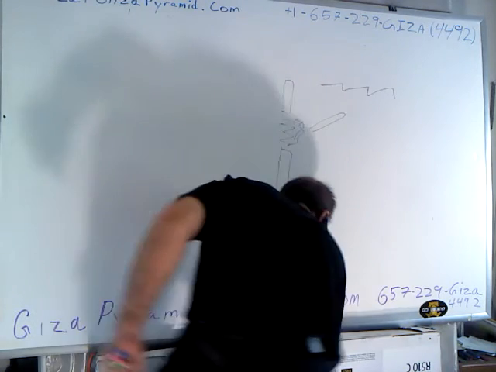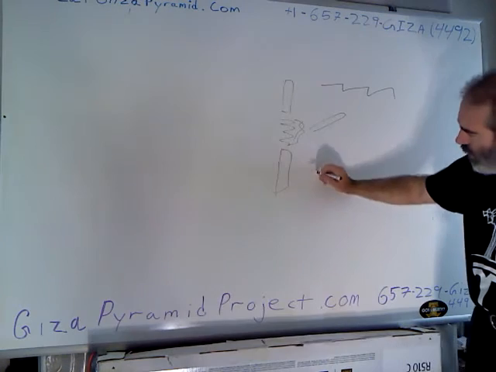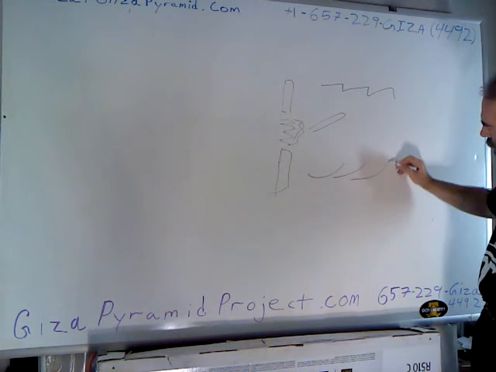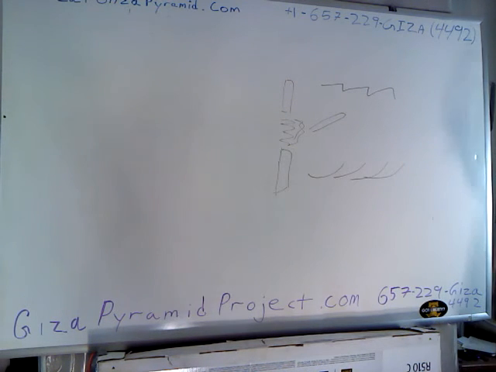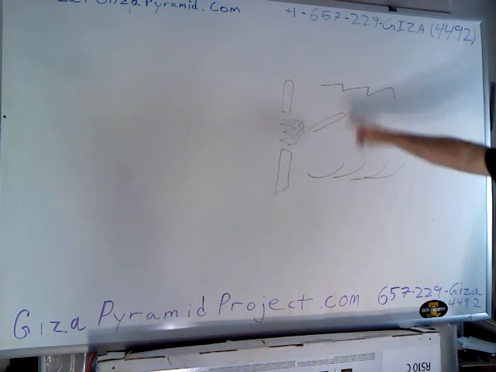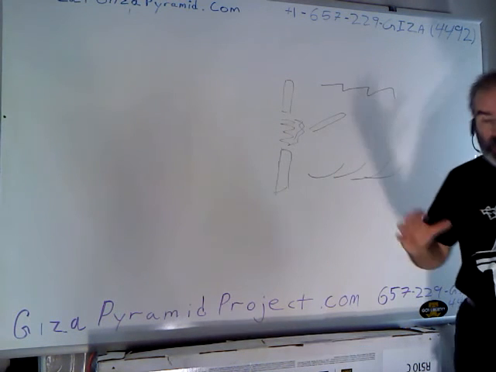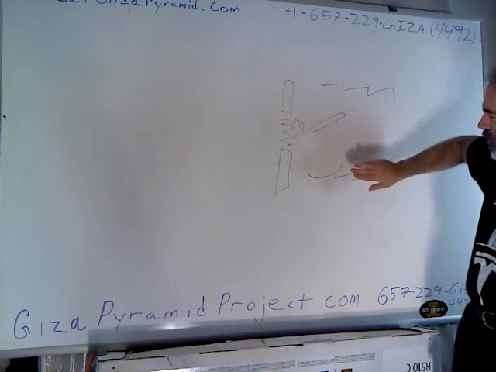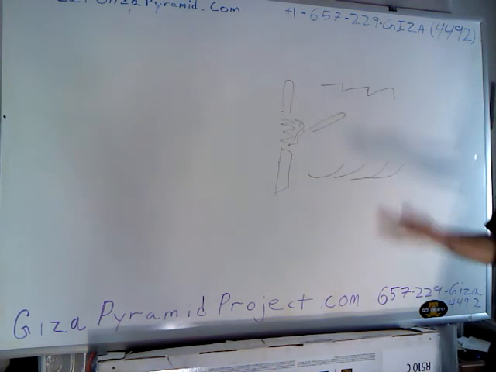This here is more shaped like that. So what we're going to do here is we're going to utilize the existing structure. We're going to use this for a footing, and we're going to use this as a lifter.